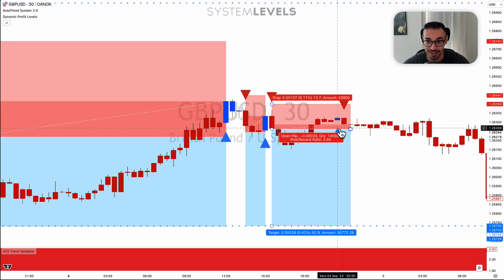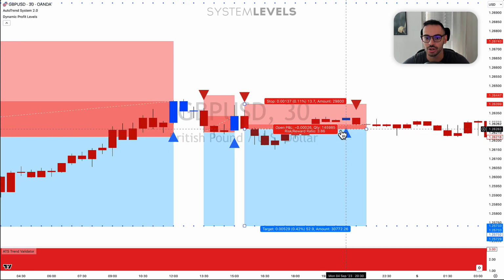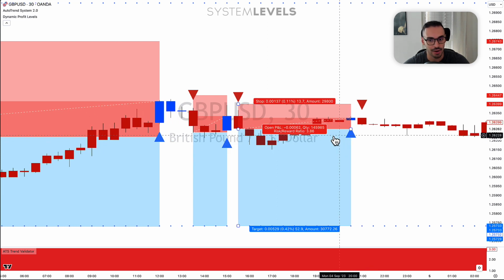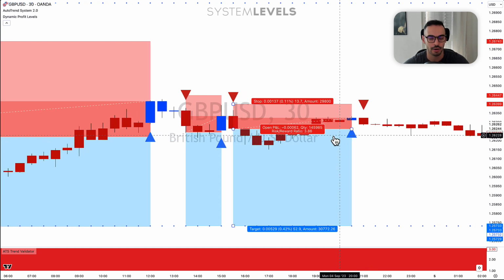We end up not getting this because we get another stop out here. We get another buy signal at this point. We have caught ourselves up in quite a sideways action. No problem. We just need to manage our risk and manage our trades. Again, very similar scenario, and you will see this very often with the ATS.